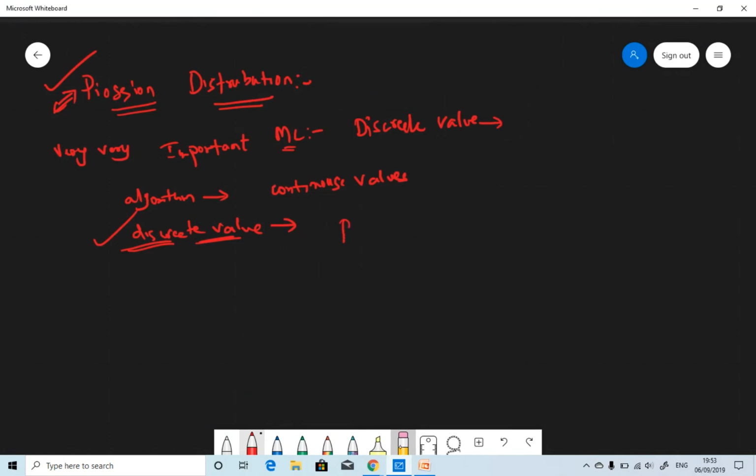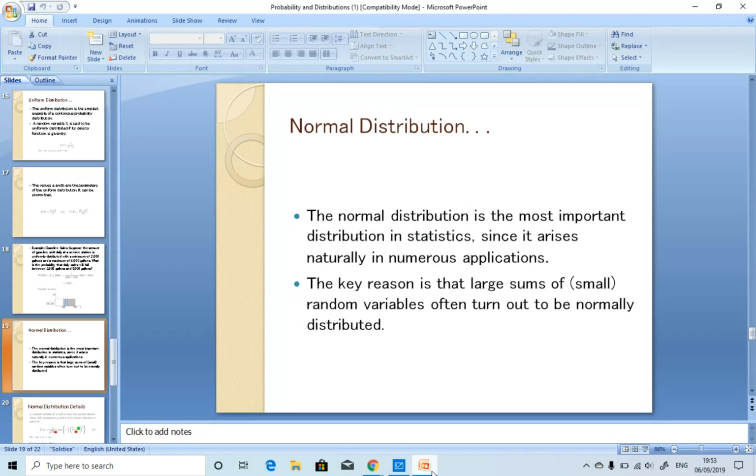Now we call it the Pasa distribution also. Poisson or Pasa distribution. What is the Poisson distribution?